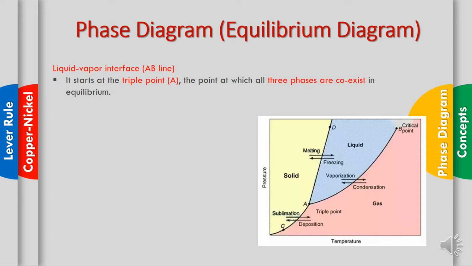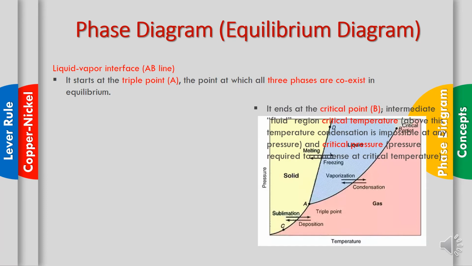And if we discuss more on the liquid-vapor interface, which is the AB line, at A we have the triple point, whereby three phases coexist at the same time in equilibrium.